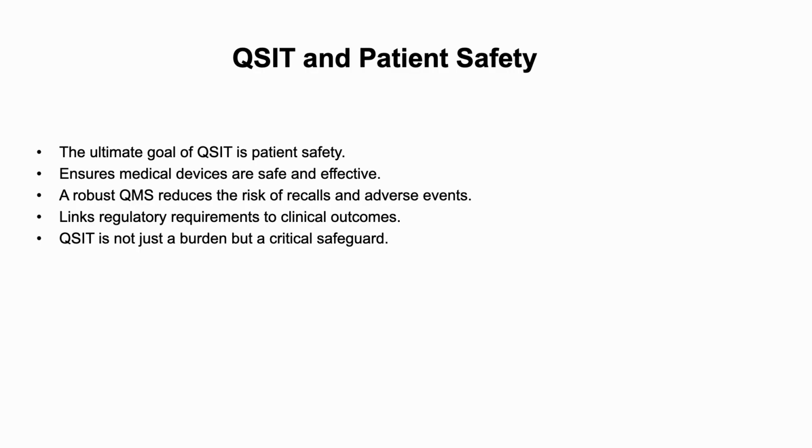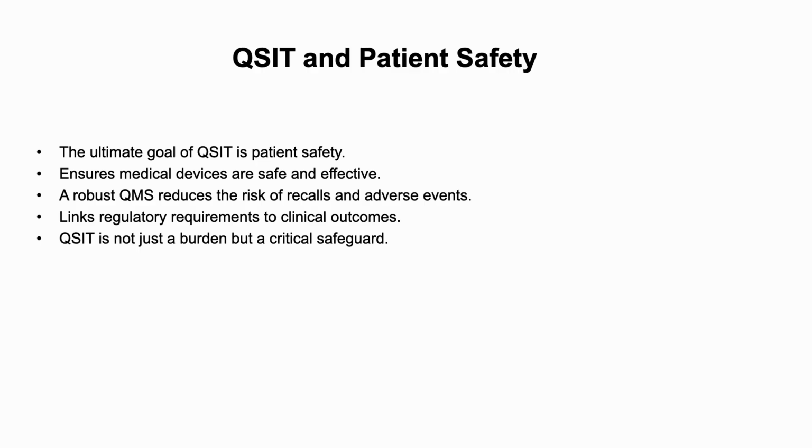For example, a well-documented design control process ensures that a device's specifications meet the needs of a surgeon, which directly impacts the success of a procedure. A strong CAPA system ensures that when a problem does occur, it is investigated and resolved to prevent future harm. For manufacturers, viewing QSIT as a burden is a mistake.